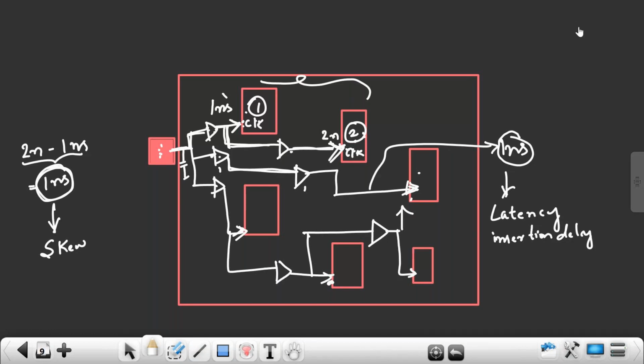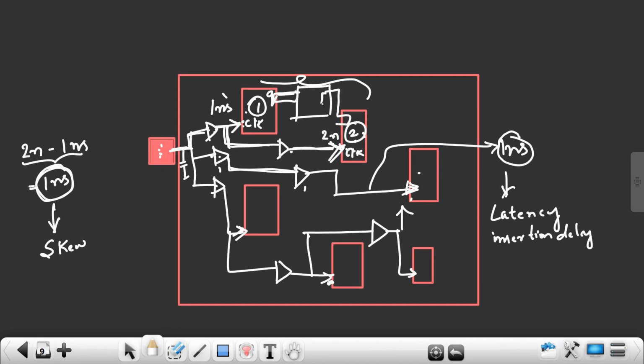After CTS, routing happens in the clock path, not in the signal path. These clock signals are already routed. In the CTS stage only they get routed: insert buffers and they get routed through metal layers. But in the routing stage, we route the remaining signals, from the output of this cell, that is Q, through one metal layer, one gate, to the next.